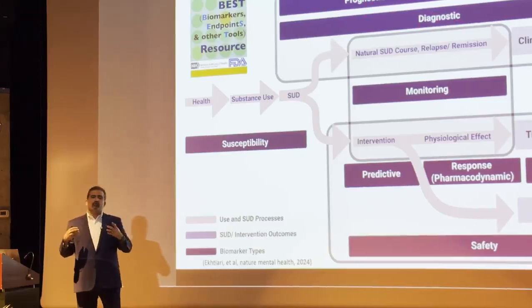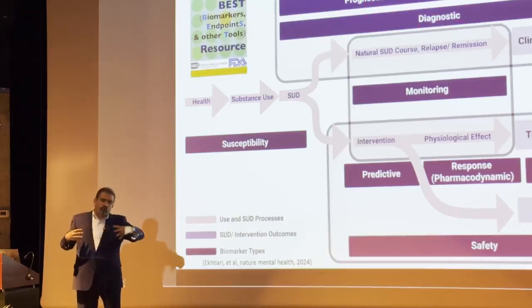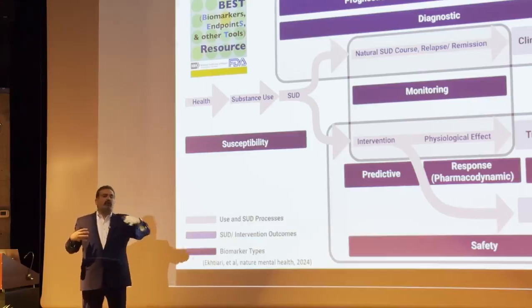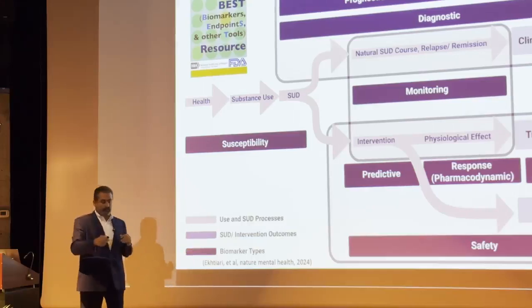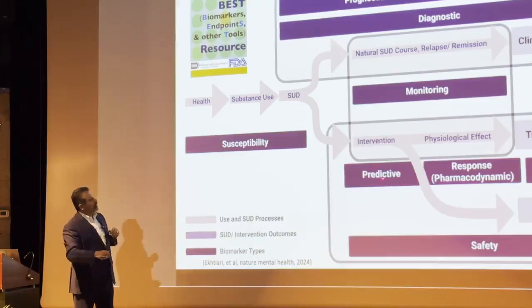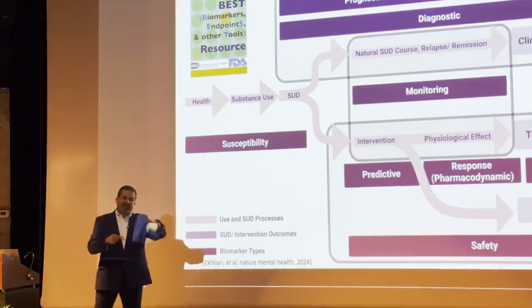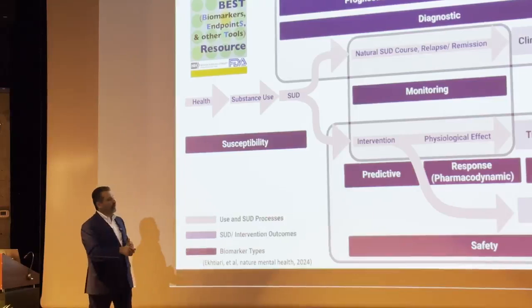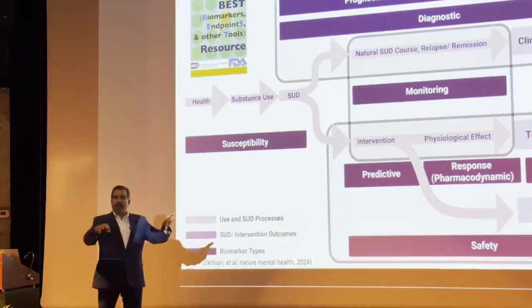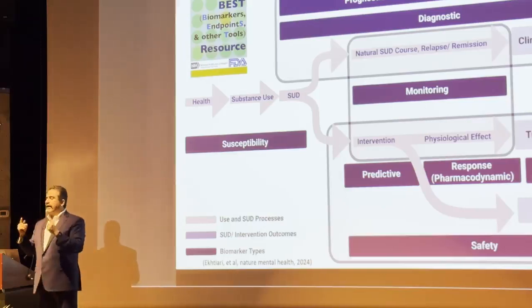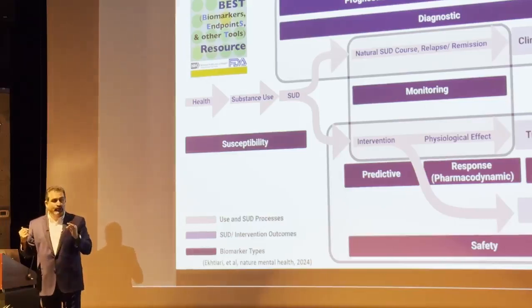It means that it could predict what the natural course of the disease is going to be, who is going to die, who are the people who are going to have more challenges. Or a predictive biomarker. For example, if you use fMRI and predict who is going to respond to a treatment, that is called a predictive biomarker. And there are other types of biomarker. Does it make sense? So when you talk about biomarker, you have to say what type of biomarker you are talking about, okay? Does it make sense?